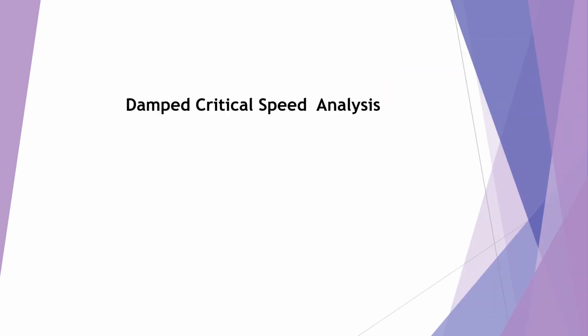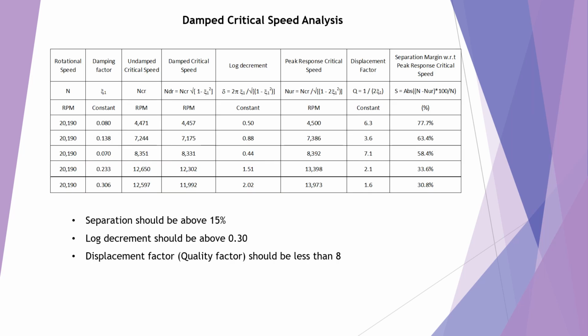Now damped critical speed analysis. We have typical values. This is the damping value, this is the undamped critical speed, this is the damped critical speed, this is the log decrement, this is the peak response.